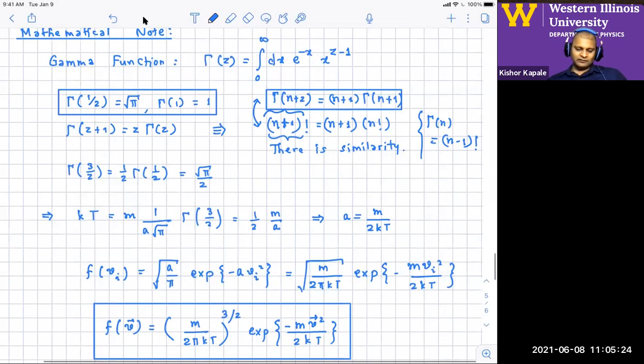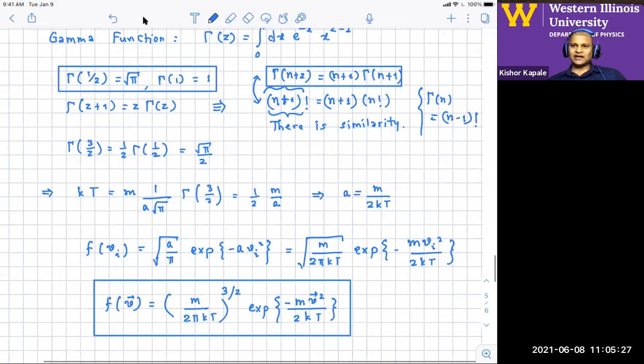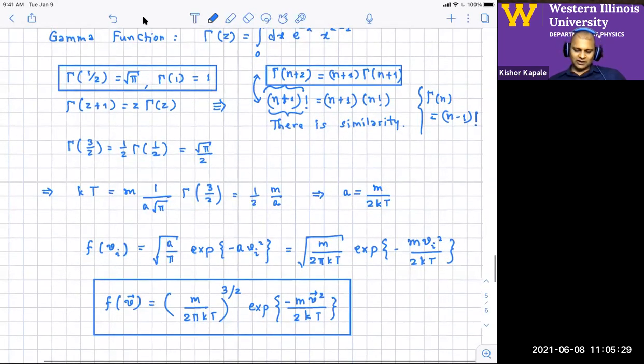So gamma of 1 is equal to basically 0 factorial. That's why it is 1, right? We know that already, that 0 factorial is 1.